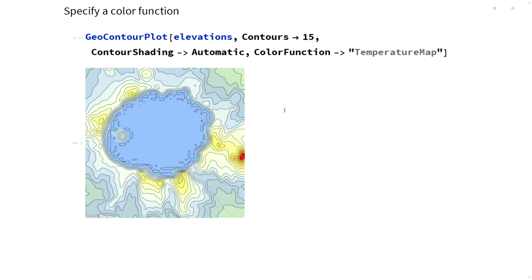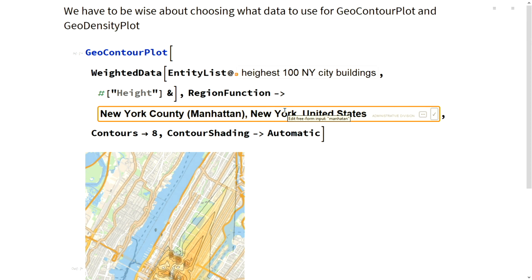And as I said, we can change the color function. So those are basically the functions that use our entity or a geoposition associated to a value, right?